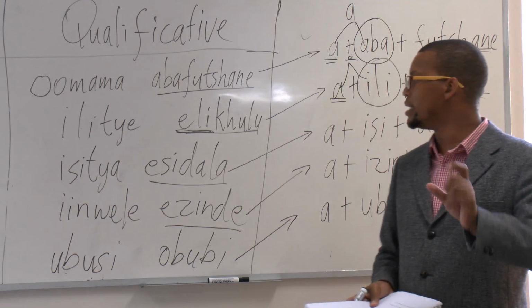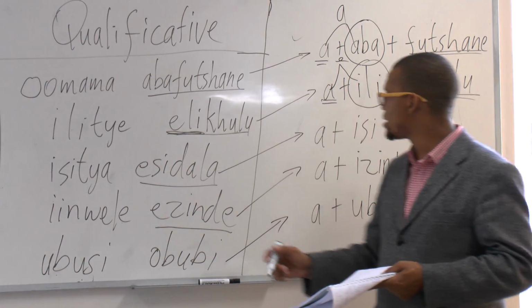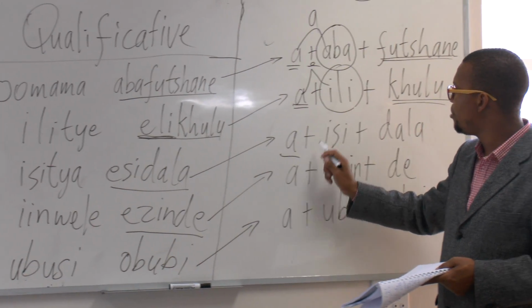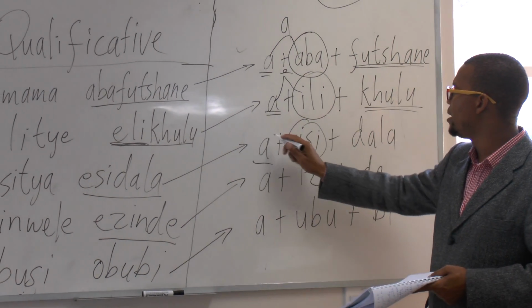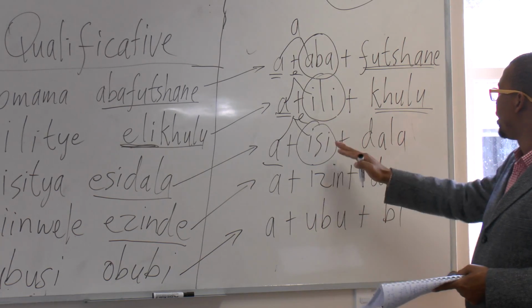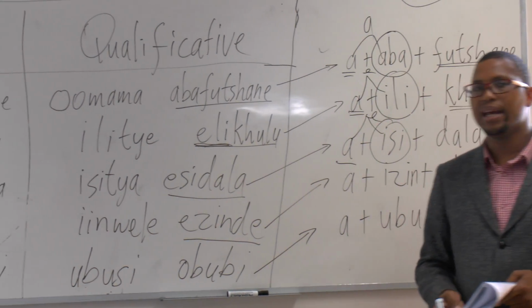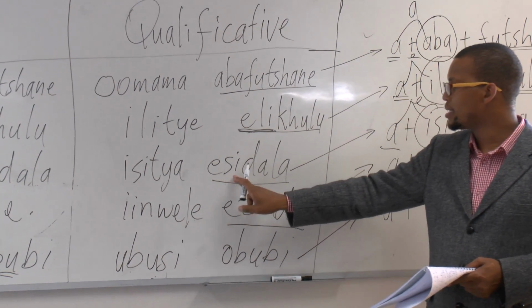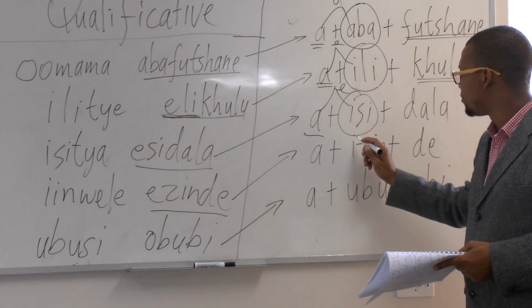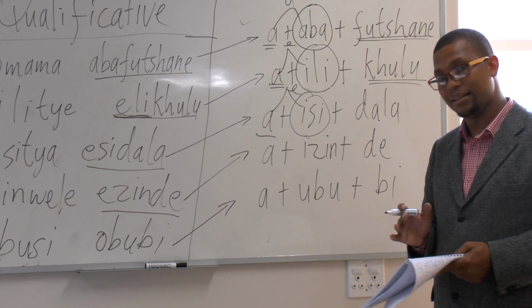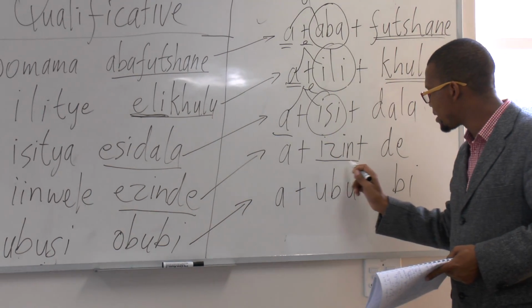Here's our formula. It's A plus the whole prefix plus dala. Then A plus I gives us E. And then the rest will follow. And then we get isitya esidala.